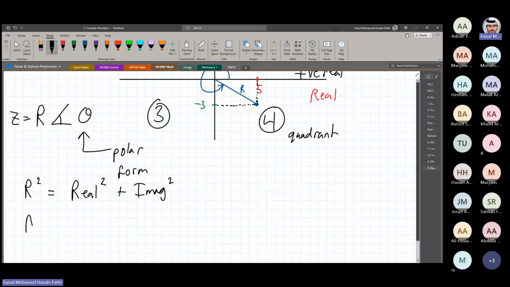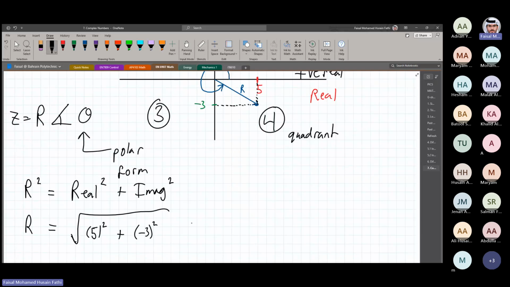So r squared is going to be equal to, or just simply r is going to be equal to the square root of your real squared, in this case it's 5 squared, plus your imaginary squared, which is minus 3 squared. Remember to put parentheses or brackets when you calculate this.